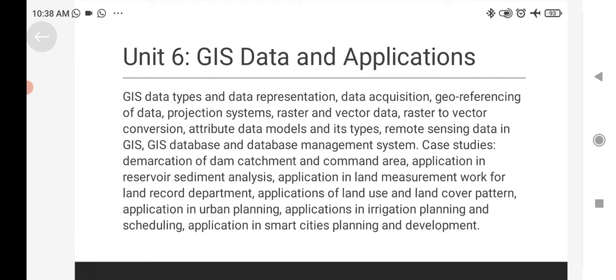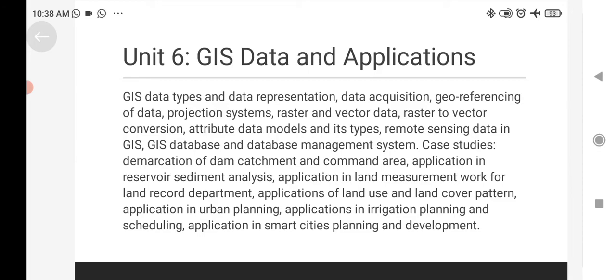The last unit is GIS data and applications. In that: GIS data types and their data representation, as well as data acquisition, georeferencing of data, projection systems, raster and vector data, raster to vector conversion, attribute data models and their types, remote sensing data in the GIS database and the database management system.